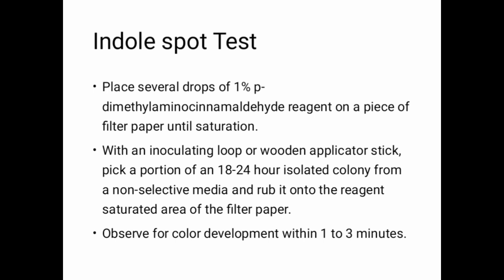The second method for identifying the indole molecule is the indole spot test. Place several drops of 1% p-dimethylaminocinnamaldehyde reagent on a piece of filter paper until saturation. With an inoculating loop or wooden applicator stick, pick a portion of an 18 to 24 hour isolated colony from a non-selective medium and rub it onto the reagent-saturated area of the filter paper.